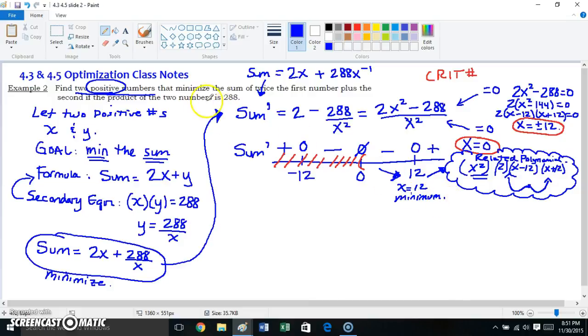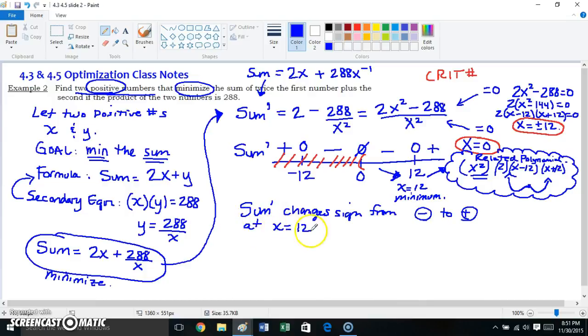This is a good sign because my goal was to minimize the sum. So I'm going to say sum prime changes sign from negative to positive at x equals 12.